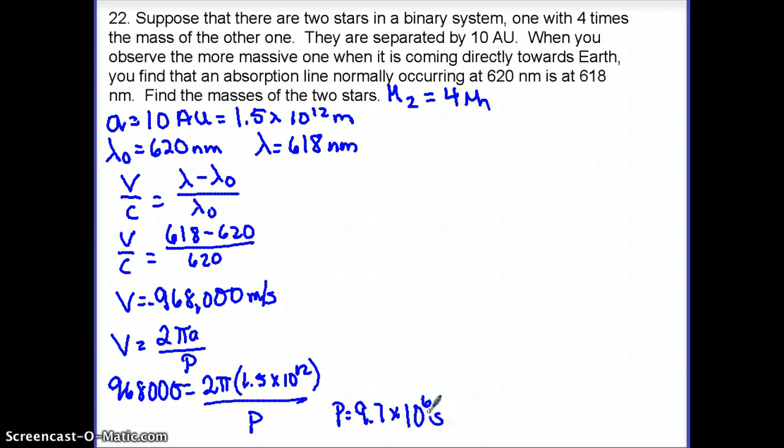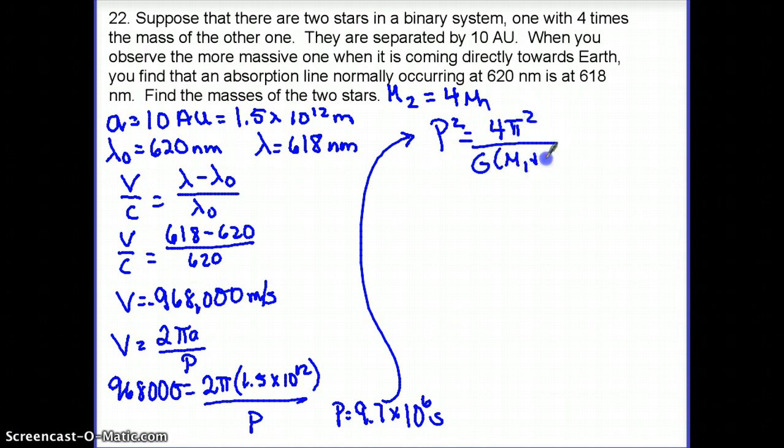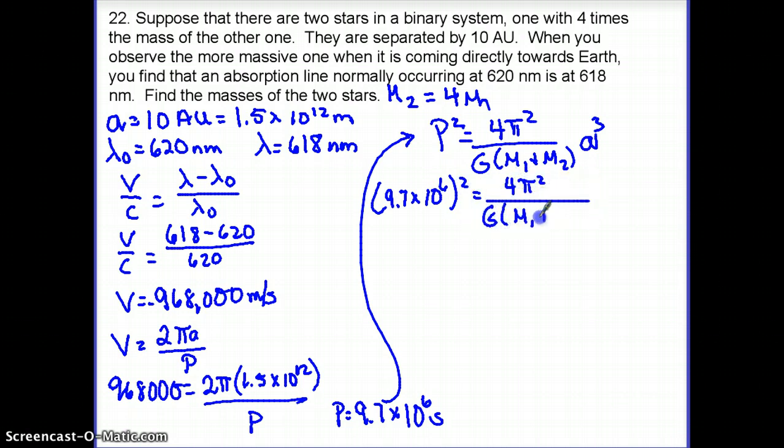So now I'm in a position to use Kepler's third law. Plug stuff in. We're keeping both masses. And I'm just going to leave it as M1 plus M2 for right now. I can come back to that later.